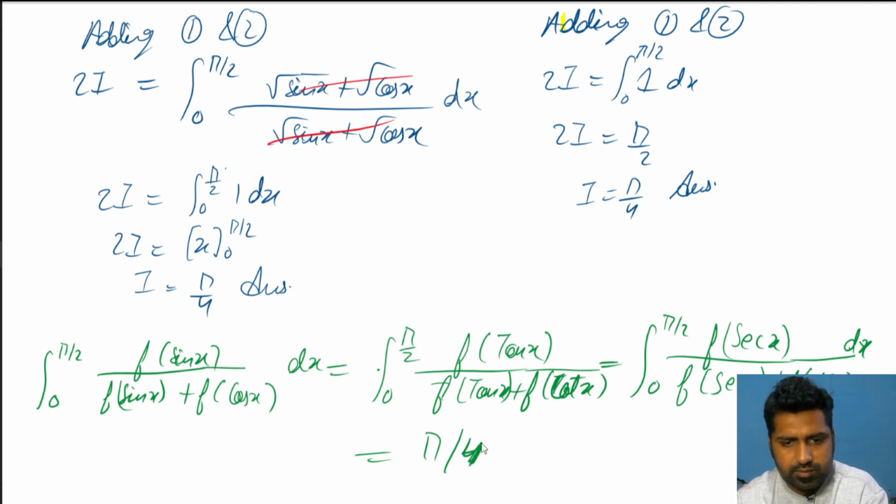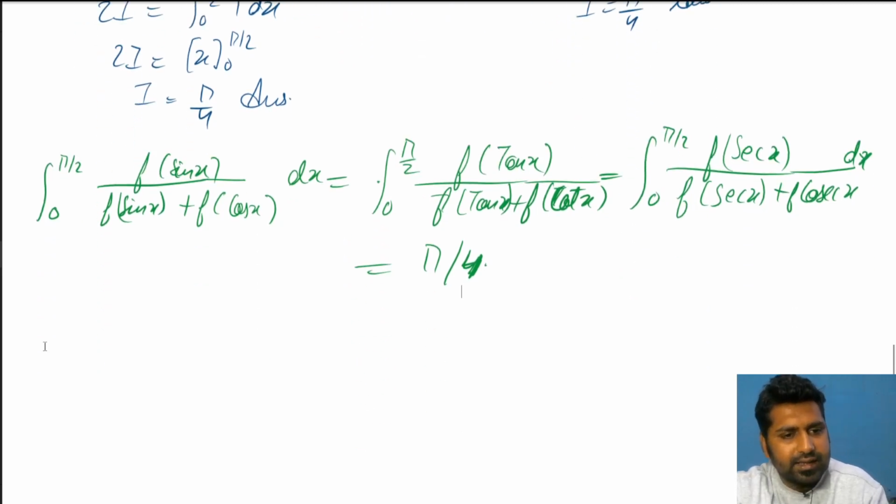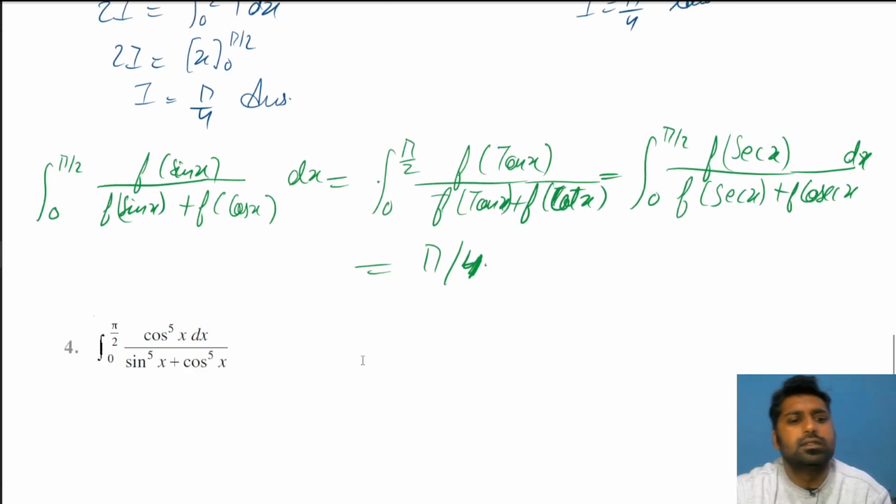This is just for your MCQs. If you want to guess the answer, pi by 4 is a good choice. Now I'm not going to do the next question. You can literally understand and directly say the answer.